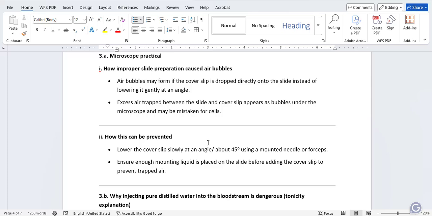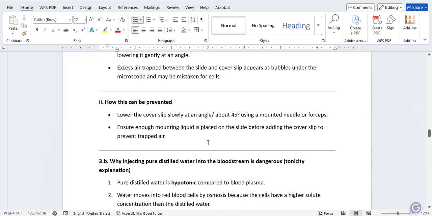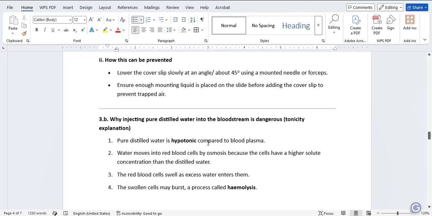So these are some of the ways we can do that: carefully lowering the cover slip at an angle onto the sample you are preparing, having enough mounting liquid.